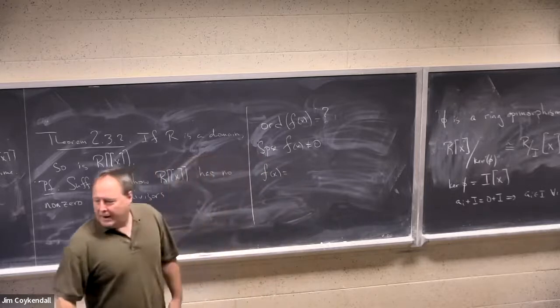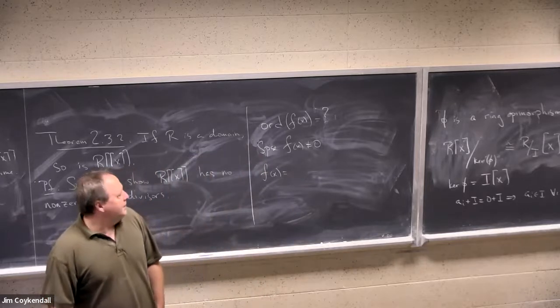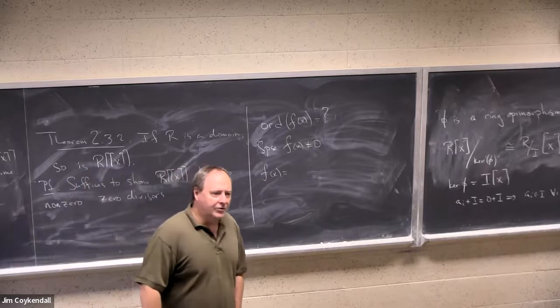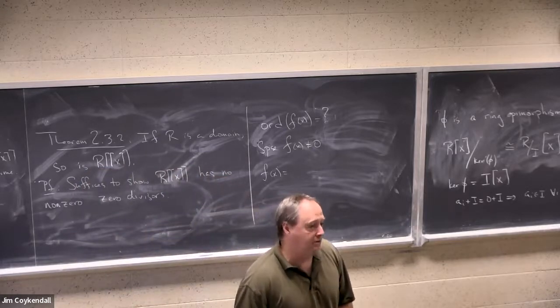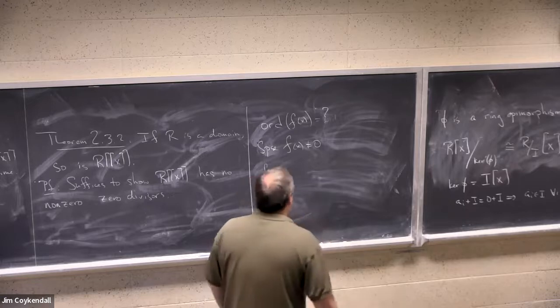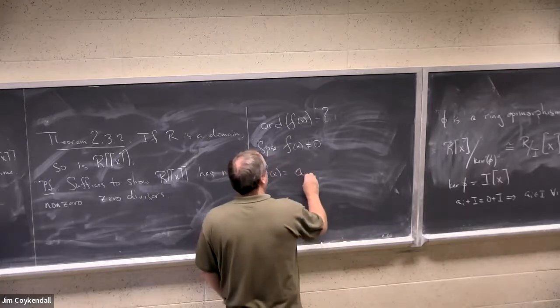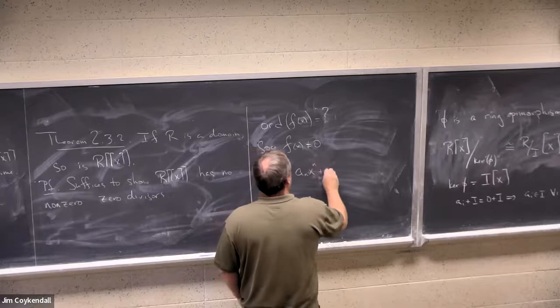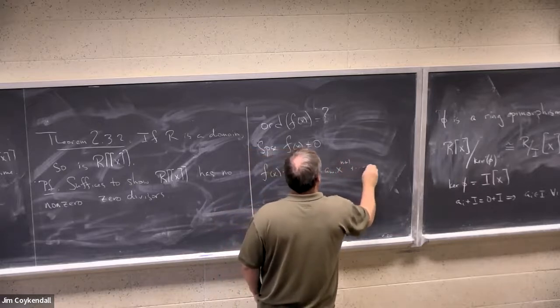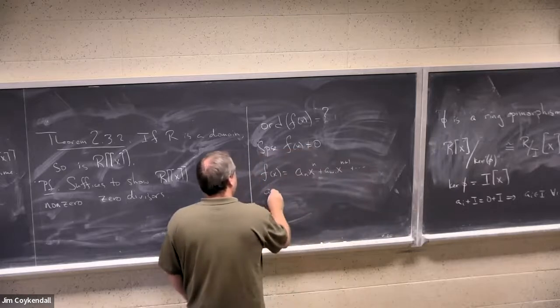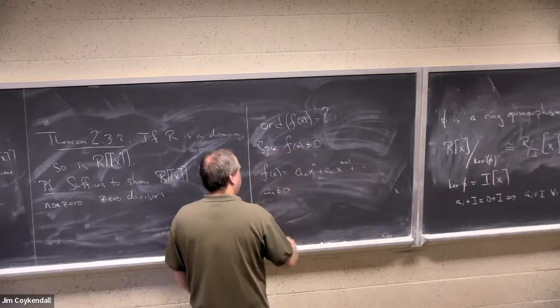So what do I know about f of x? Well, f of x is a power series and it's not zero, so it has to have at least one non-zero coefficient. Suppose a_n is the smallest one with a_n not zero.